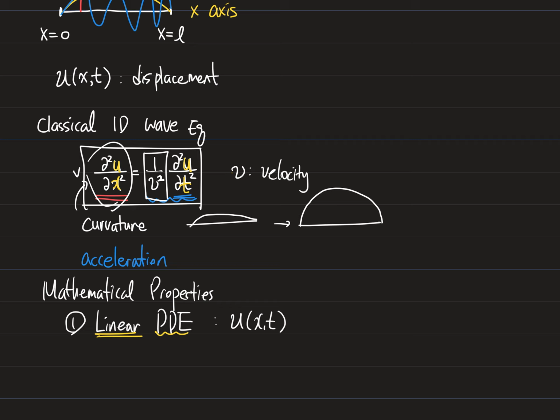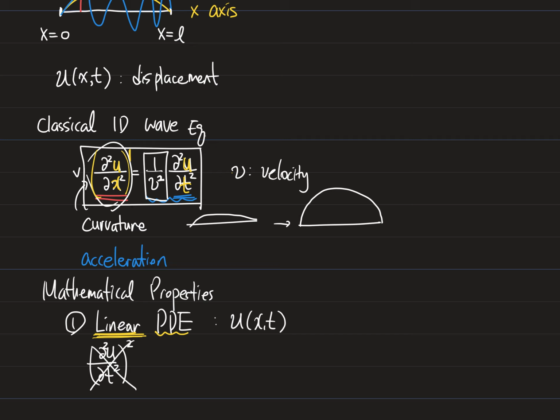So there are no terms like the square of these quantities, right? There is no term like that. Every derivative and the function itself is a first-order term. That's why we call the classical one-dimensional wave equation a linear differential equation.